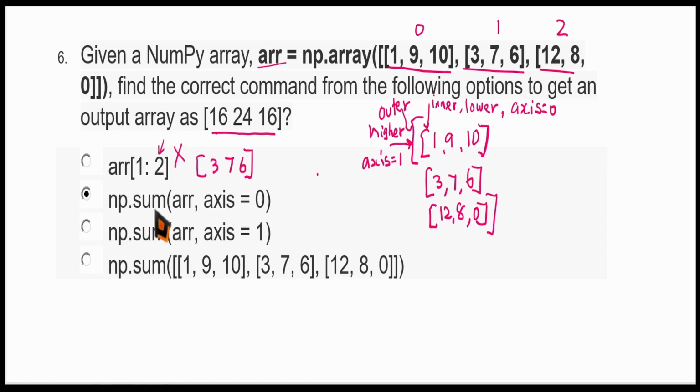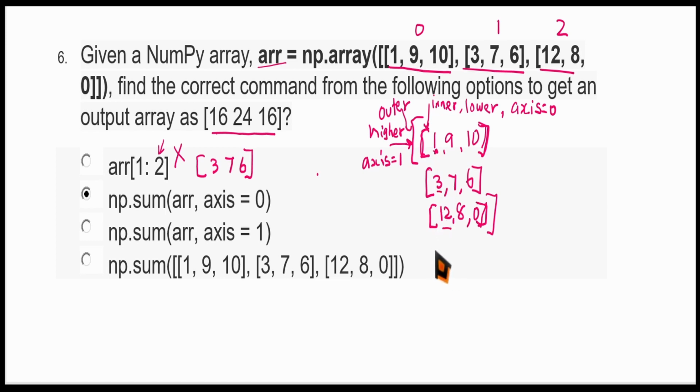Now np.sum array axis 0. So you have to add the elements along axis 0. So this is the axis 0 bracket. So this is also axis 0. This is also axis 0. So all these elements should be added. So for adding this one, the corresponding elements will be added. For example, this is the first column. This is the first column here. This is the first column.